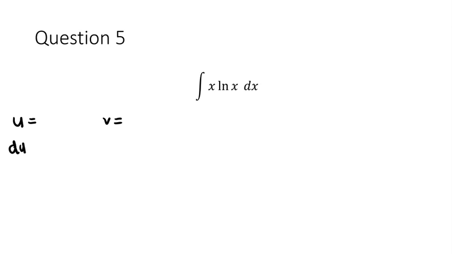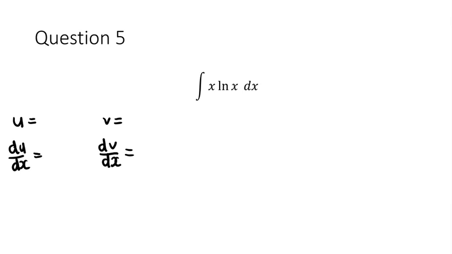Integration by parts, you don't have a U and a V to begin with. You have a U and a dV by dx. That is the difference here. You have one of these we're going to call U, the other one we're going to call dV by dx. So what I am going to do here is let one of these be U and the other be dV by dx. And the selection is really important here.